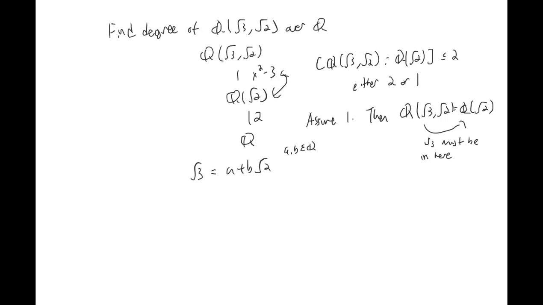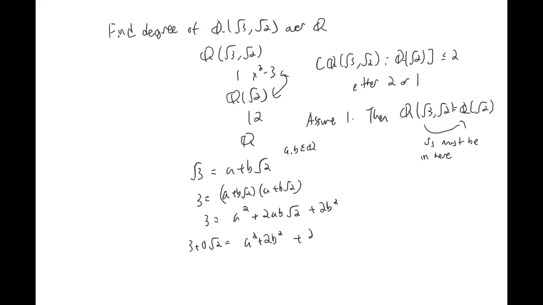So 3 is (A plus B root 2)(A plus B root 2). What is this? So that's A squared, plus 2AB root 2, plus 2B squared, right? So I get 3 plus 0 root 2 is A squared plus 2B squared plus 2AB root 2.